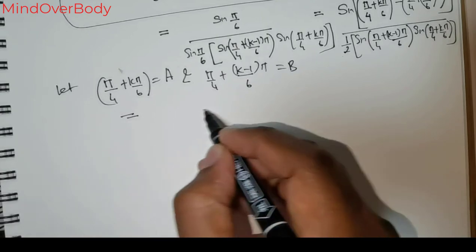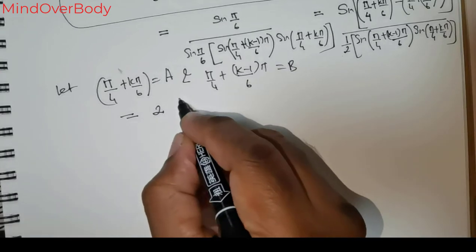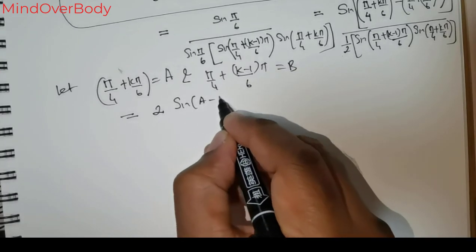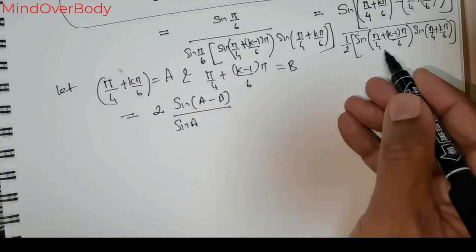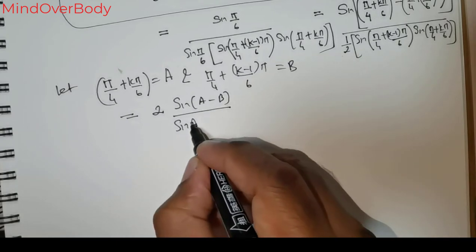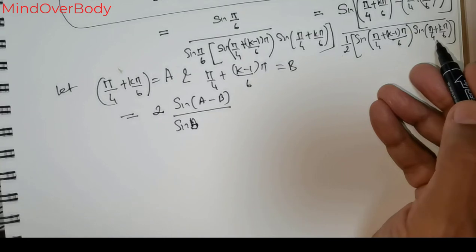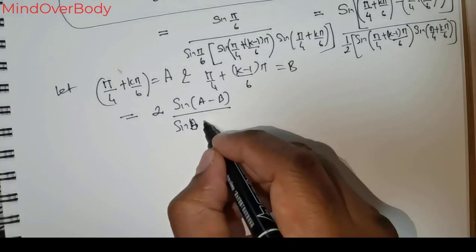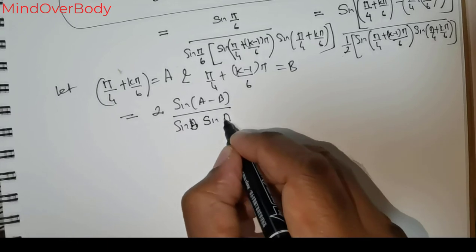So this is equal to, flipping the 1 over 2, 2 times sine of A minus B divided by sine B times sine A.